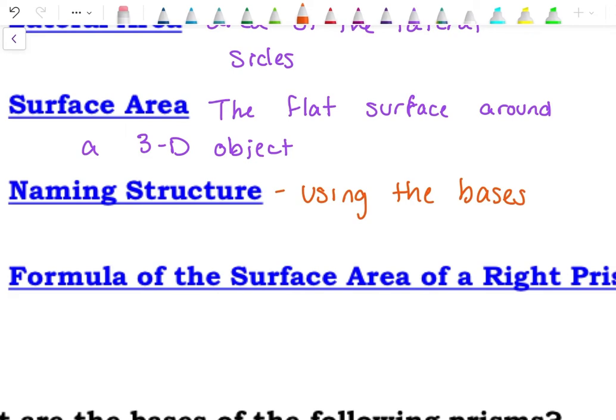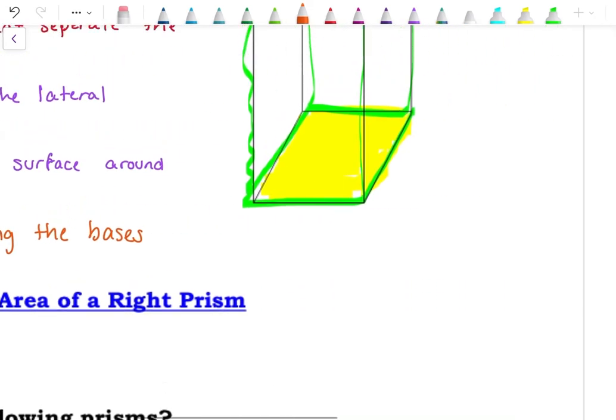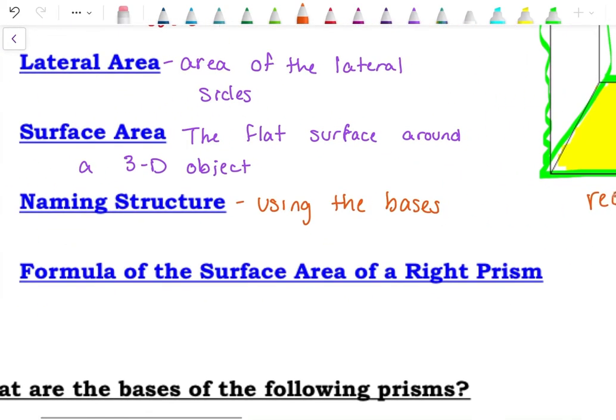If this shape has bases that are rectangles, we would call this a rectangular prism, because the bases are rectangles. If the bases were triangles, we would call it a triangular prism. If the bases were octagons, we would call it an octagonal prism. So it's just based off of what the shape of the base is.